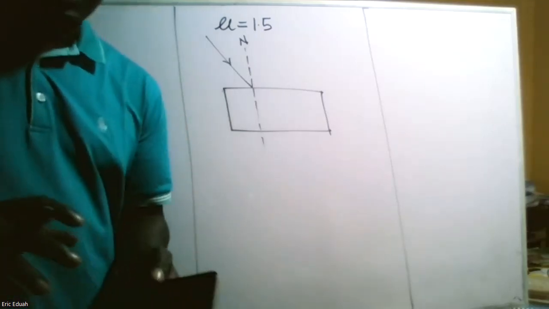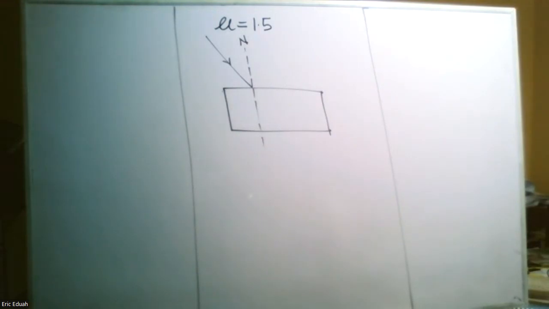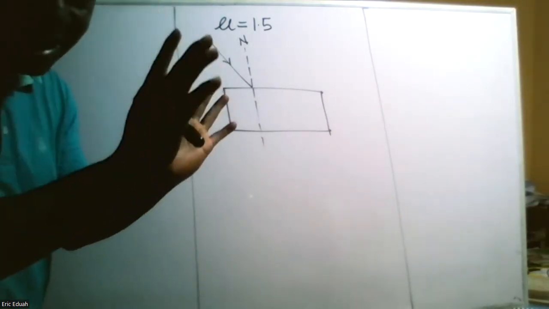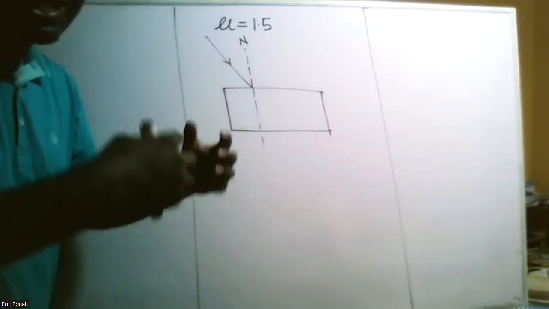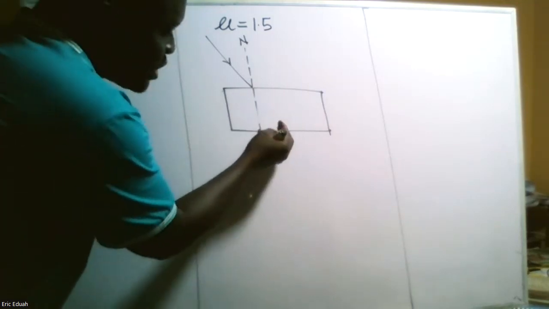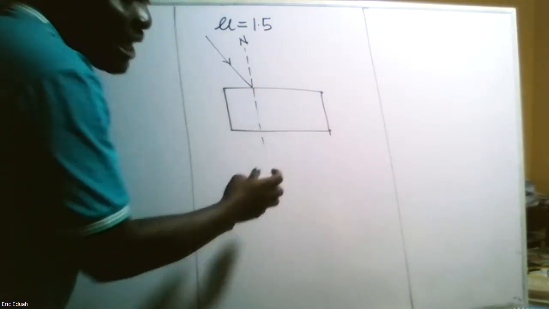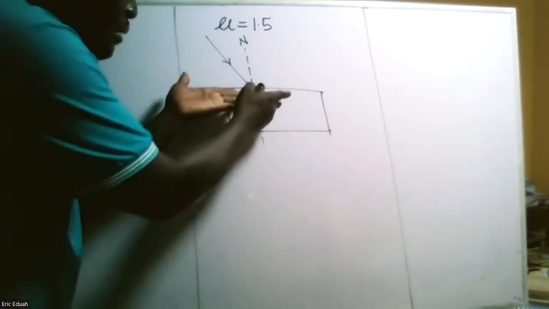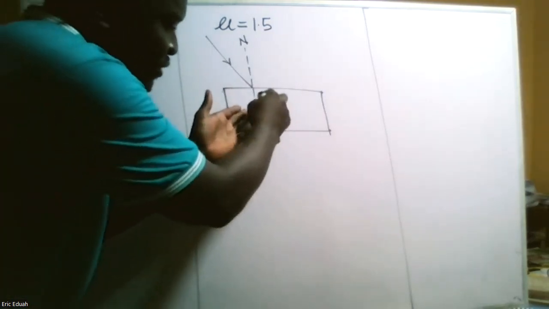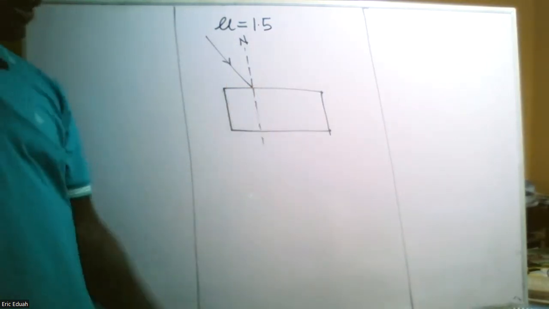So the light hits on the rectangular prism whose refractive index is this. What you have to understand is that whenever light hits a surface, part of it is reflected, part of it is refracted or absorbed. What you see as refracted depends on the nature of the material. If the material is opaque, you can't see the refracted ray coming out of it.